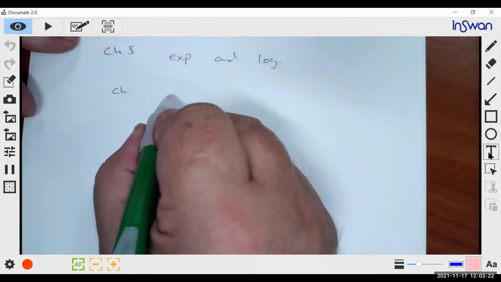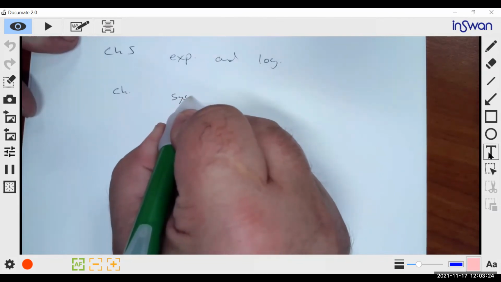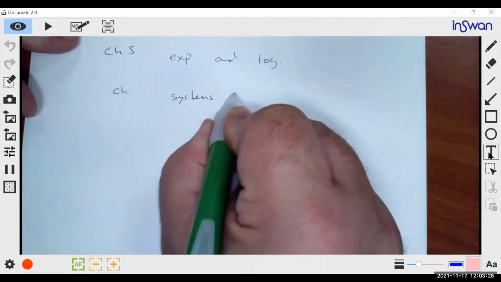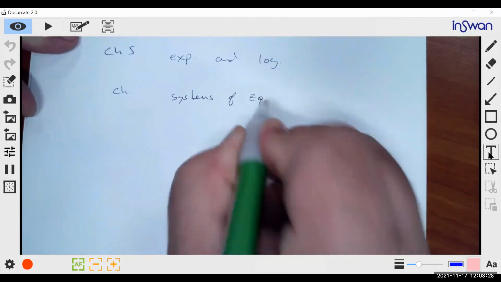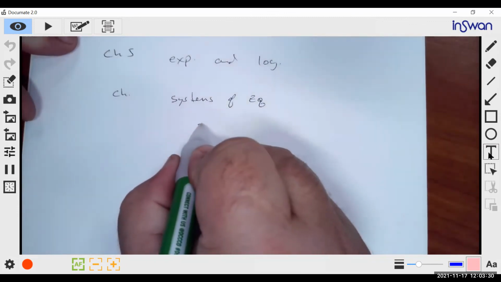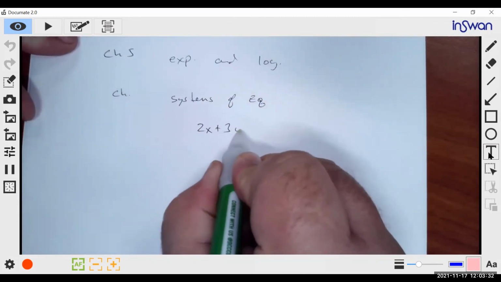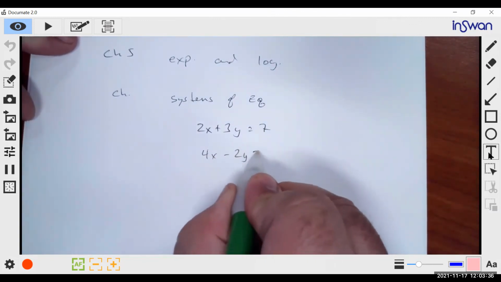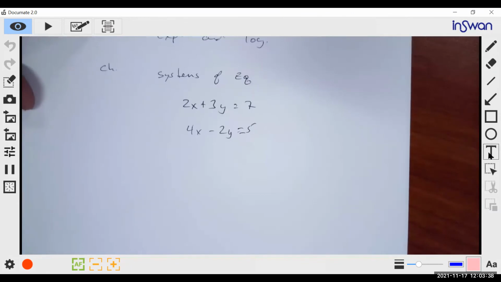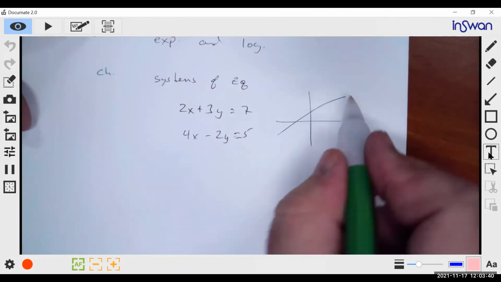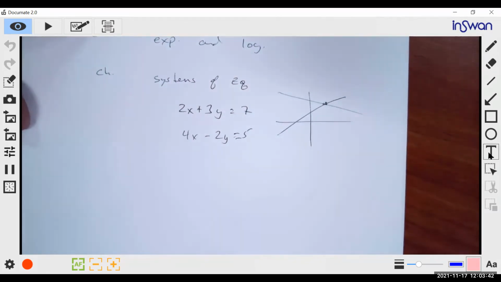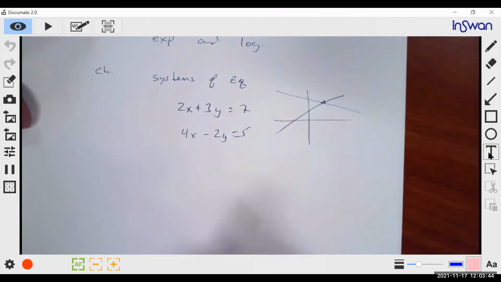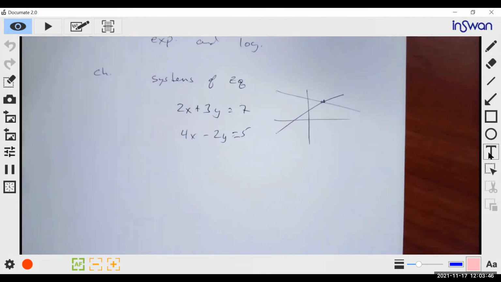Chapter 6 will be systems of equations. That's like we have 2x plus 3y equals 7, 4x minus 2y equals 5. You have two separate graphs, and where they meet is your solution. I'm going to show you a shortcut for that one.